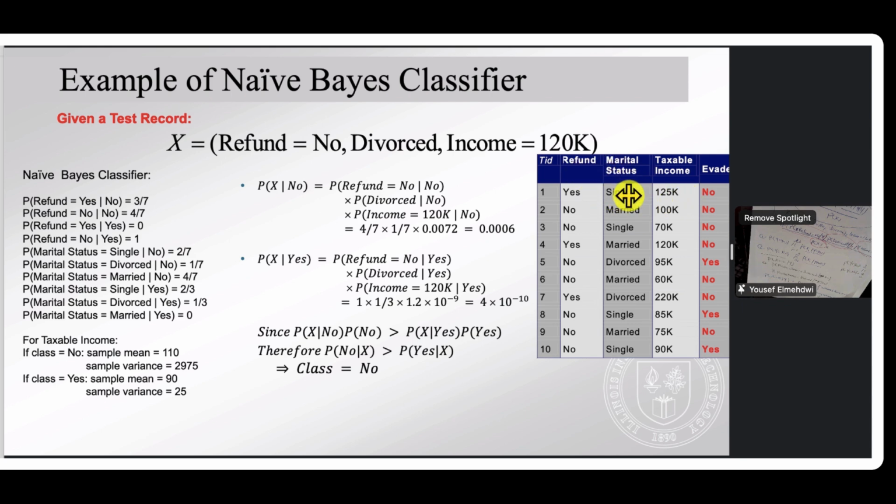We have 1 for yes, right? On the no we have 0. We have only 1, 2. So it's going to be 2 over 3. Okay, so this one is straightforward. Do you have any question related to this slide, especially for the first part? How to compute the conditional probability for each feature, especially if the feature is a categorical data type?